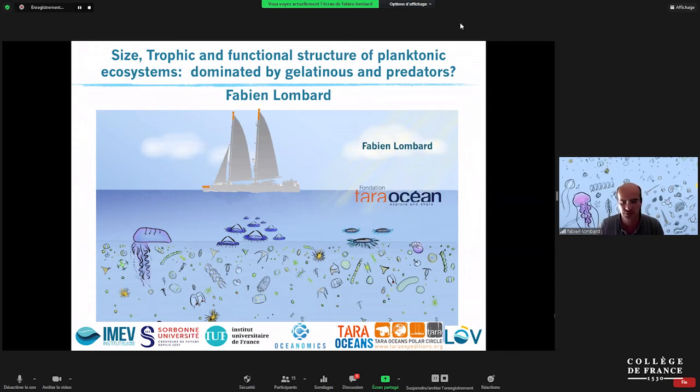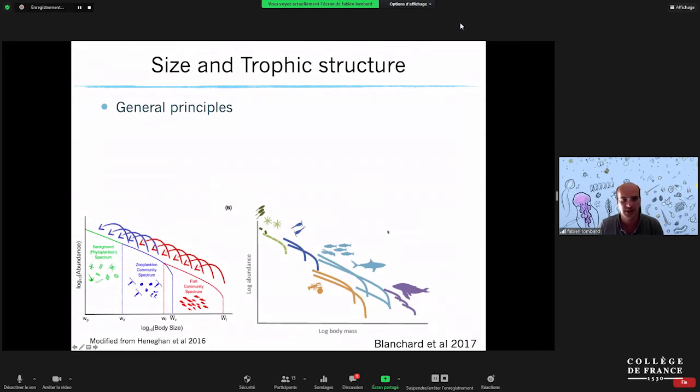So just to briefly introduce, we constructed everything based on the principle of the size structure of ecosystems, where basically you have a high abundance of small guys, and the more you move toward large organisms, their size increases but their number decreases. This is usually a very constrained and conserved function that you have over the whole spectrum of size, with which we can look at the ecosystem on a general rule.